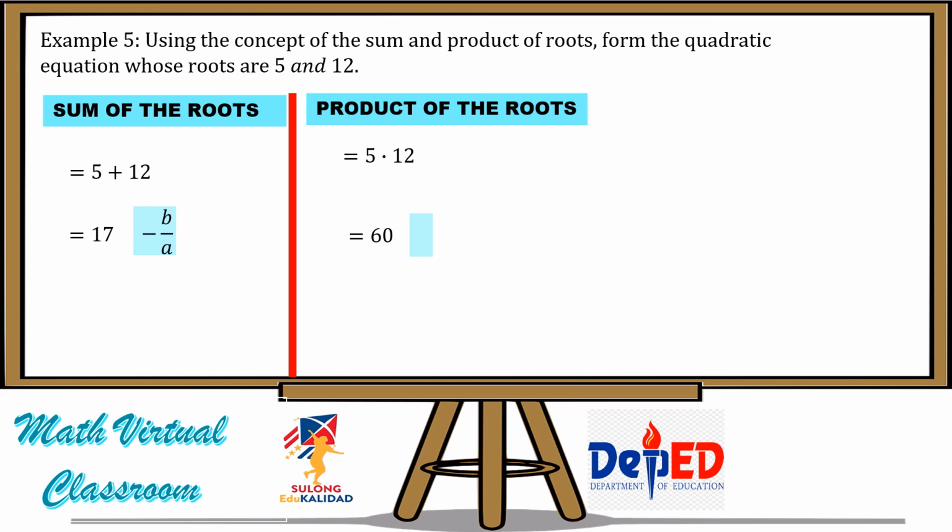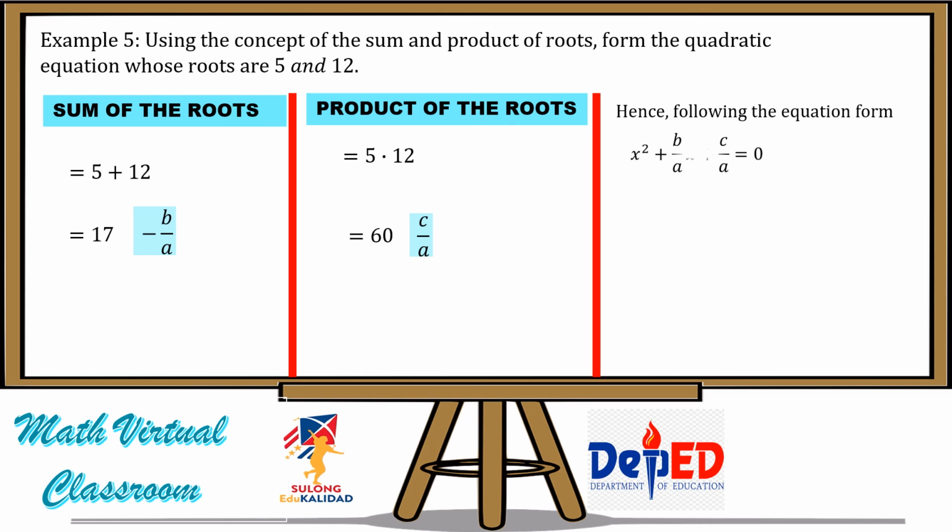So again, the sum of the roots is denoted by negative b over a, and the product of the roots is denoted by c over a. Hence, following the equation form, x squared plus b over a x plus c over a is equal to 0, we simply substitute the sum, which is 17.